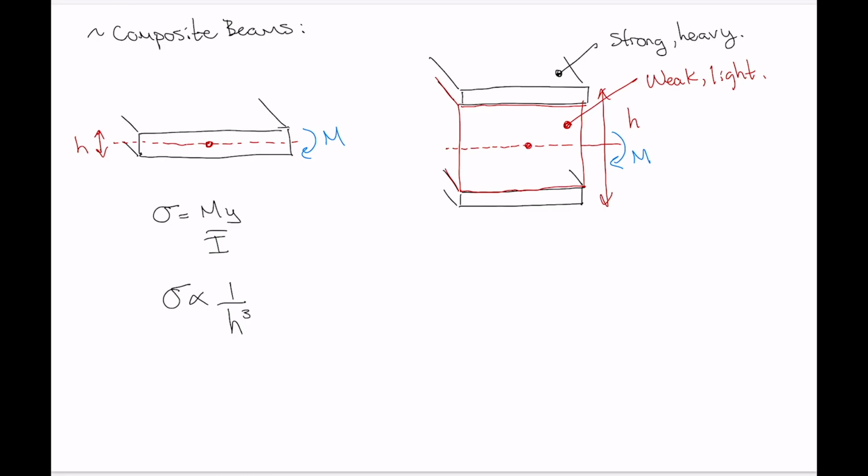So the question is, how do we deal with composite beams mathematically in terms of figuring out the stress? And the way we do this is by using what's called a transformation method.